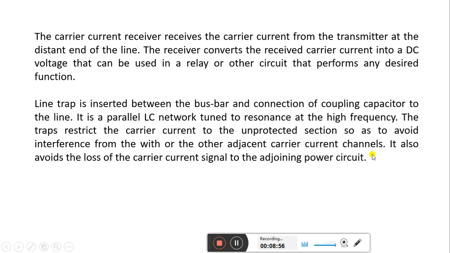I discussed that these line traps always restrict the flow of high frequency signal into the unprotected zone. It also avoids the loss of carrier current signal to the adjoining power circuit. So this is the purpose of the line traps which have been provided in the circuit diagram.